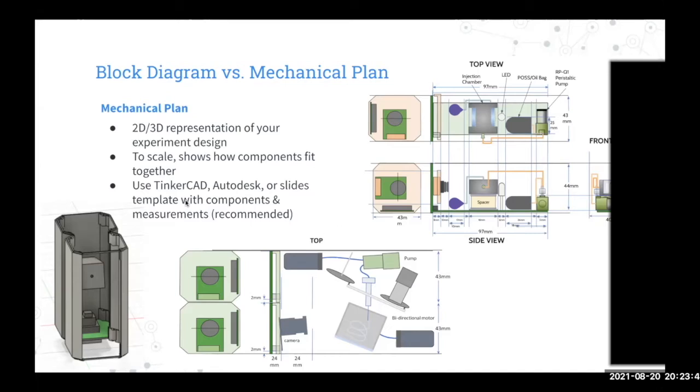For this, you can use Tinkercad, Autodesk, either Inventor or Fusion, anything, or you can use a basic Google Slides template. And I'll send you a link of components and measurements that are already to scale, so you can just copy and paste that to use.